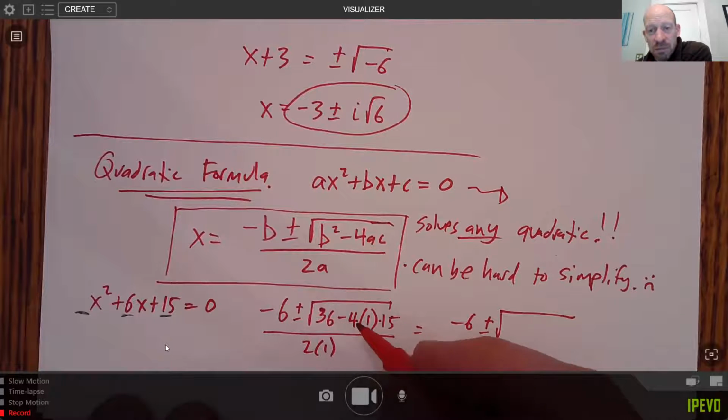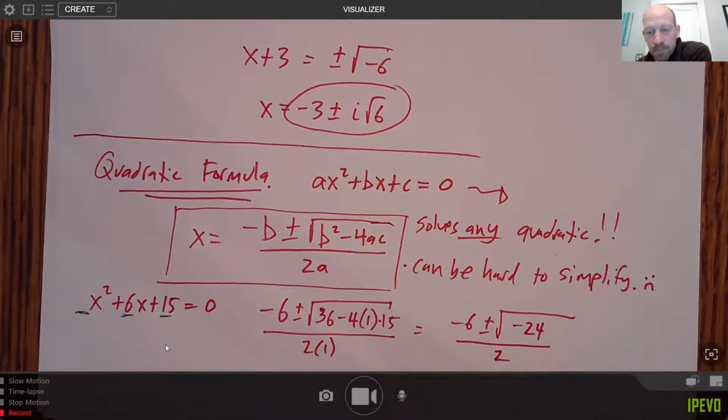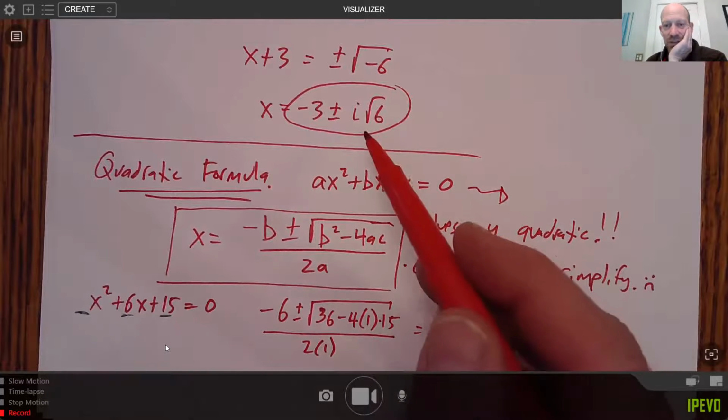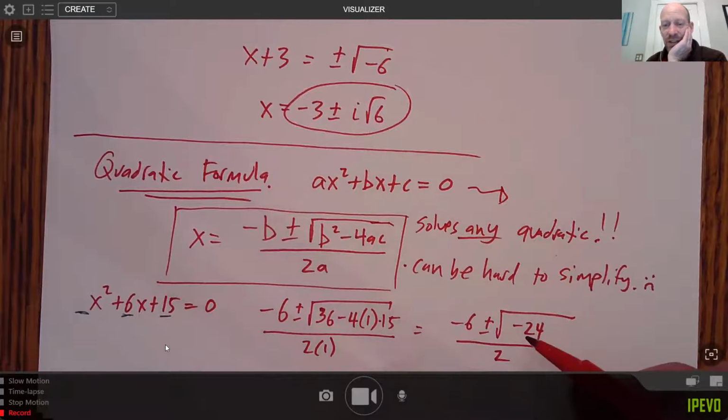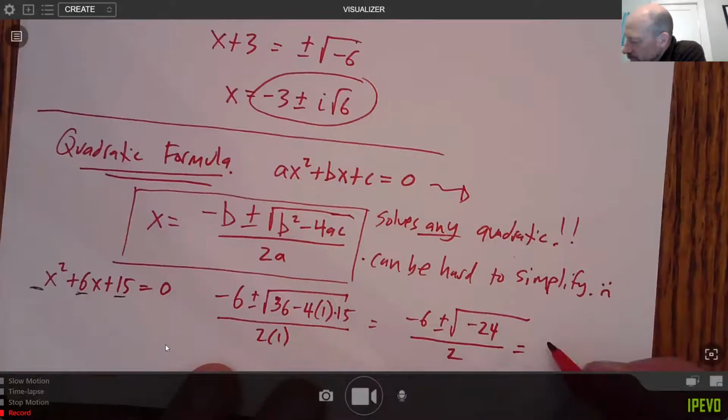So 36 minus 60 is minus 24. And you might be saying, well, wait a second, these are the answers. This isn't quite like that. Well, we're getting there. We're still on this simplification stage.